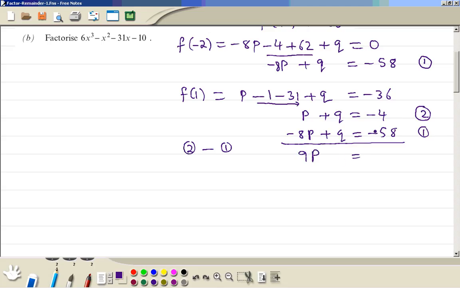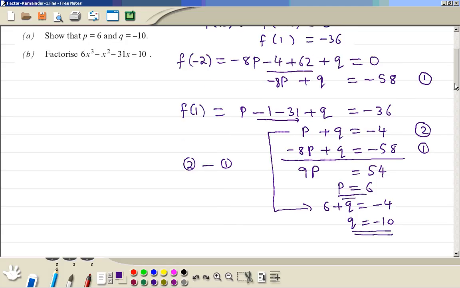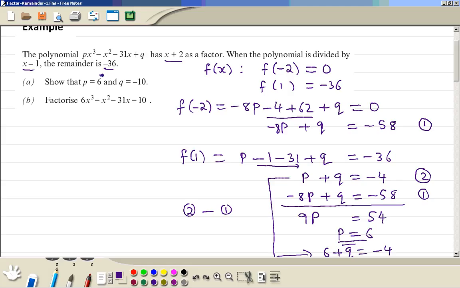Q disappears. Minus 4 minus minus 58 gives you 54. When you divide by 9, you get p equal to 6. And from this, 6 plus q is equal to minus 4. Therefore q is minus 10. So p is 6 and q is minus 10.